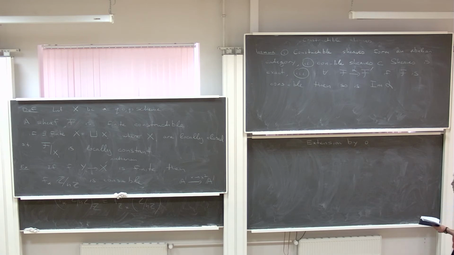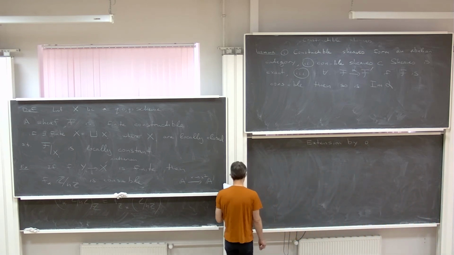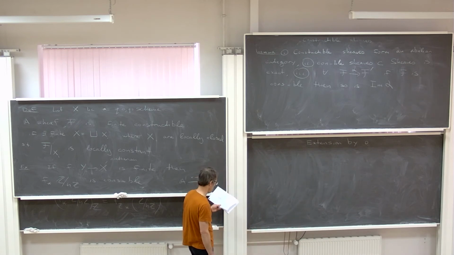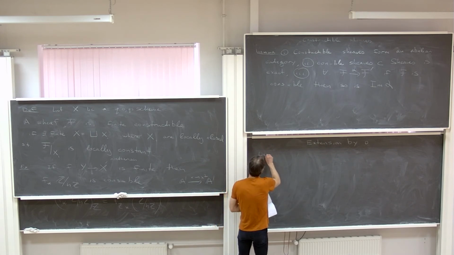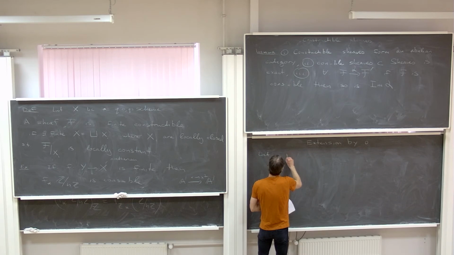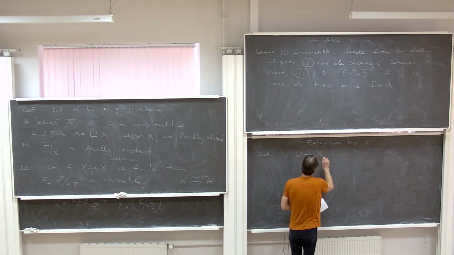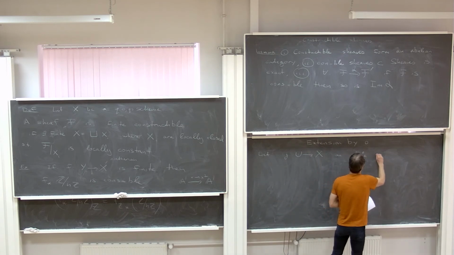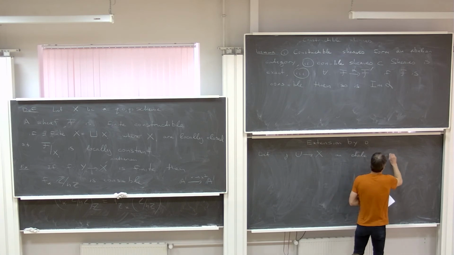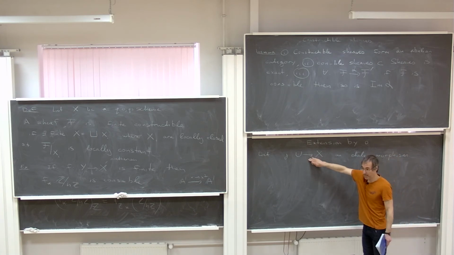Okay, so extension by 0. This is the following construction. Suppose j is an étale morphism. A good example to think about is just an open embedding.